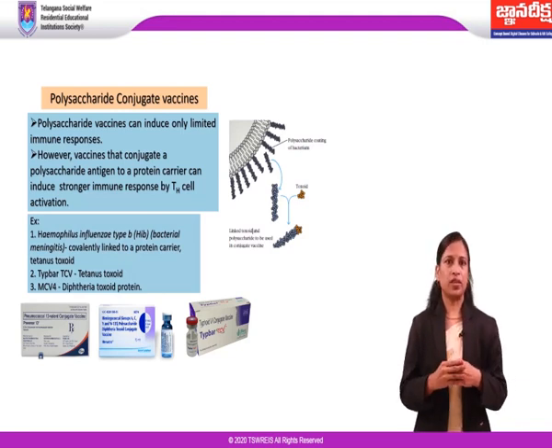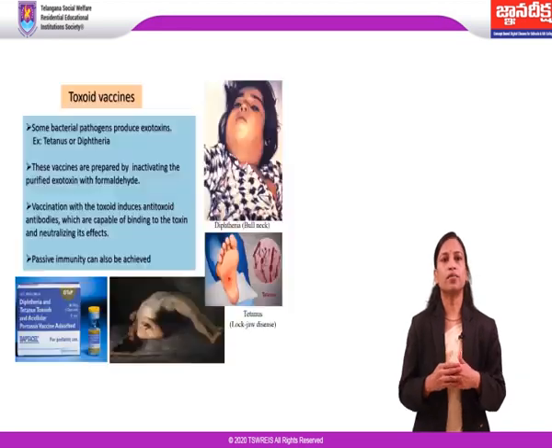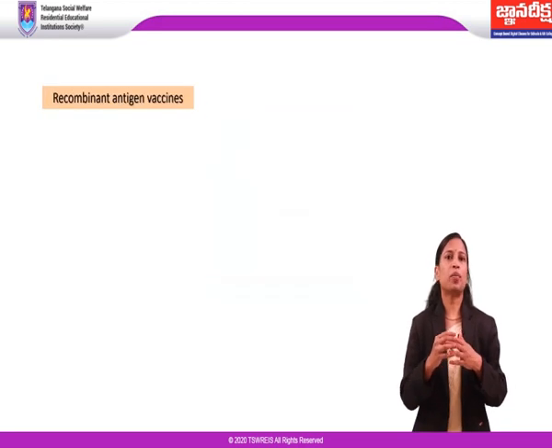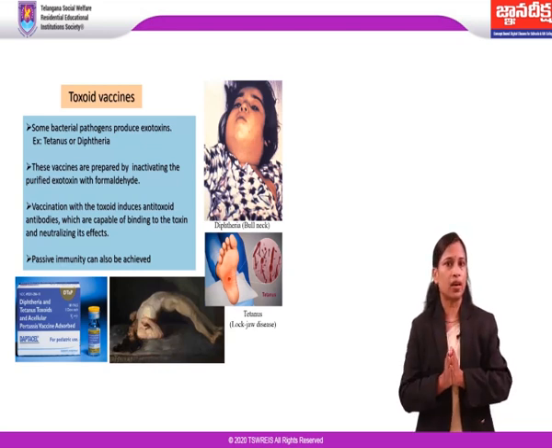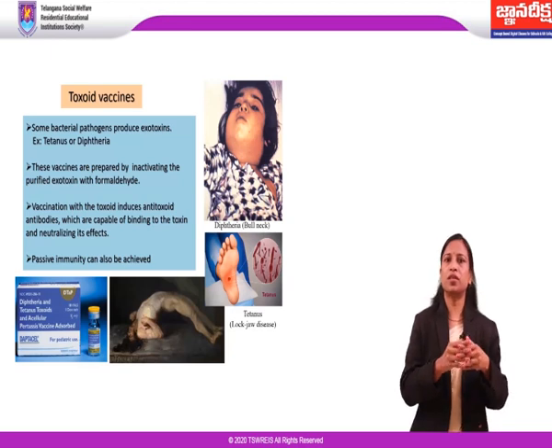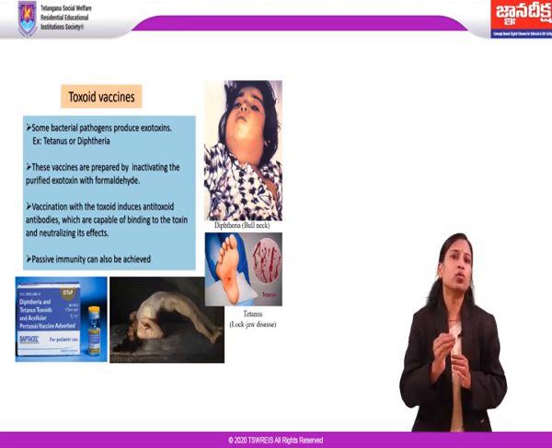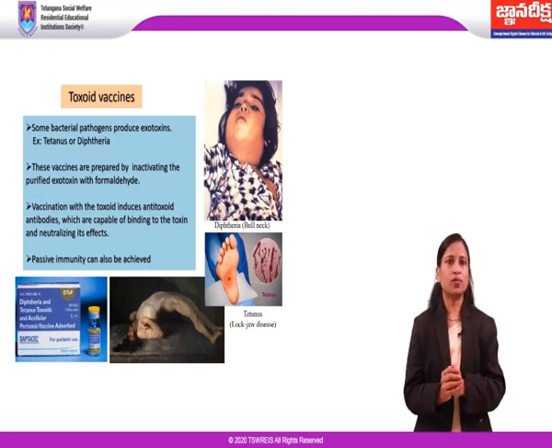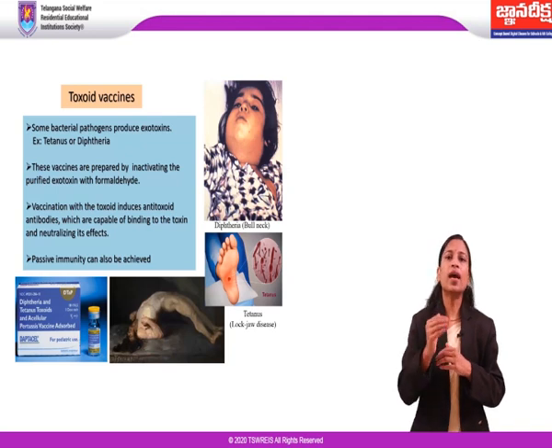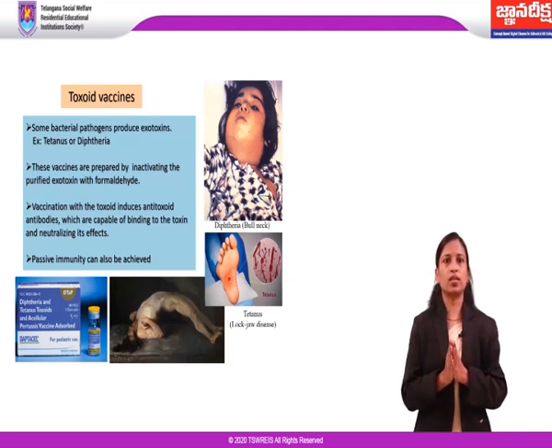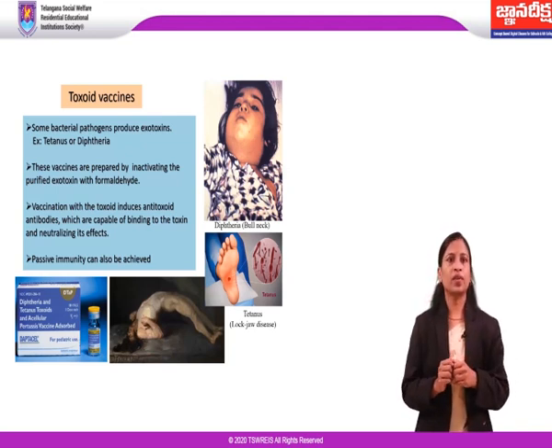The second class of subunit vaccines includes toxoid vaccines. Some bacterial pathogens, including the tetanus and diphtheria causing bacteria Clostridium tetani and Corynebacterium diphtheriae, produce exotoxins that account for most of the disease symptoms. Vaccines for these diseases are made by inactivating the purified exotoxin with formaldehyde.